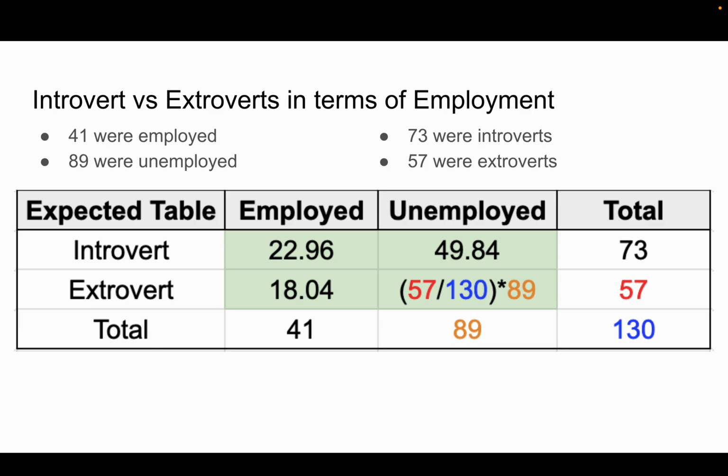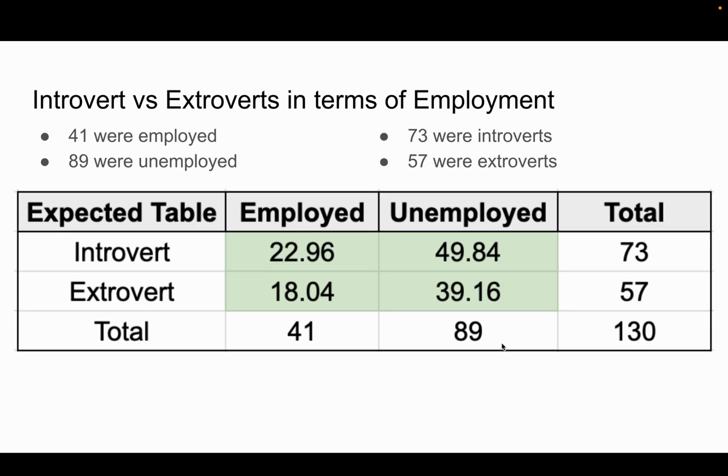And finally, to figure out our final expected for unemployed extroverts, we do the same thing we did before. We go over to the total here, 57 divided by 130 times 89, which gives us 39.16. And that's how we determine our expected values in data.